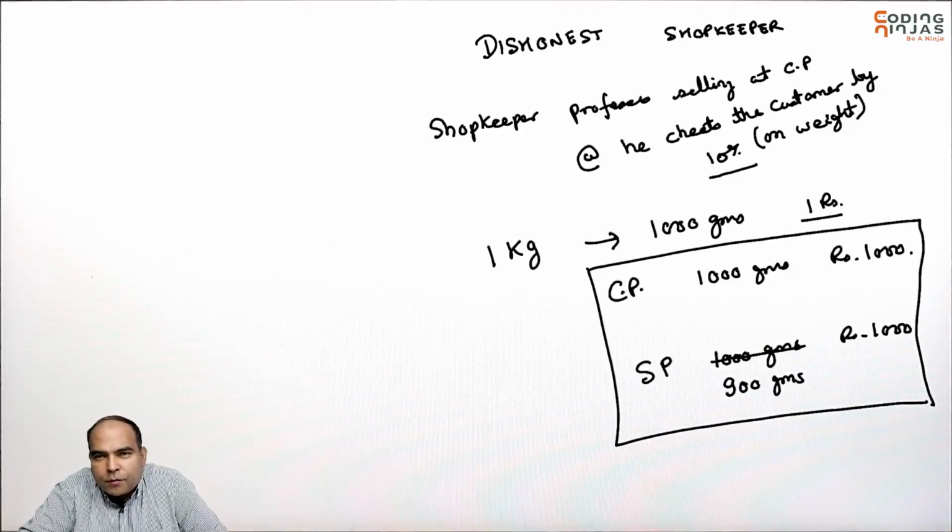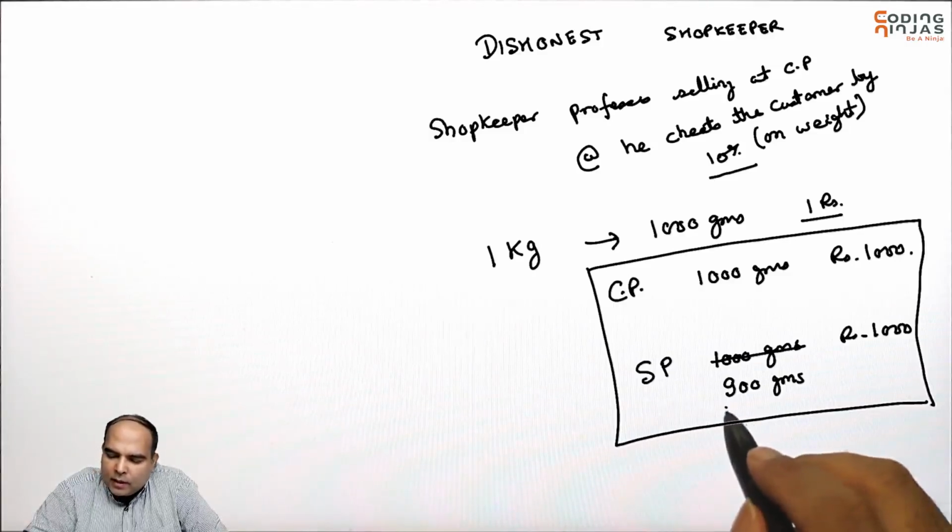So what's his percentage profit? In the previous concept lesson, we saw that whenever the amount bought and amount sold are different, you should equate the number of units sold and units bought. So one option you have in this question is to take this 900 grams.